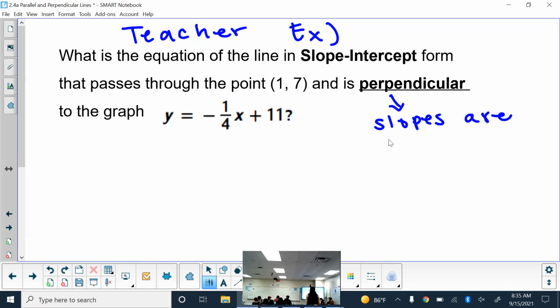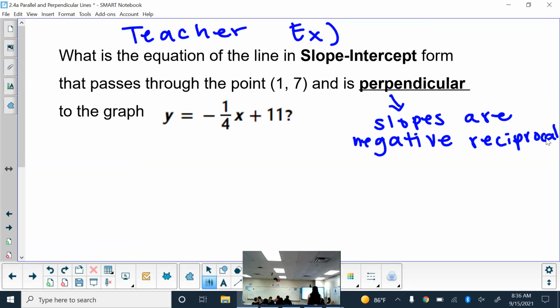So they meet at a 90-degree angle, but there's something else that I told you to add on to that definition. Yes? That the slopes are negative reciprocals. All right, yes, they meet at a 90-degree angle. That's true. But their slopes are negative reciprocals of each other, is what will help us in this problem.